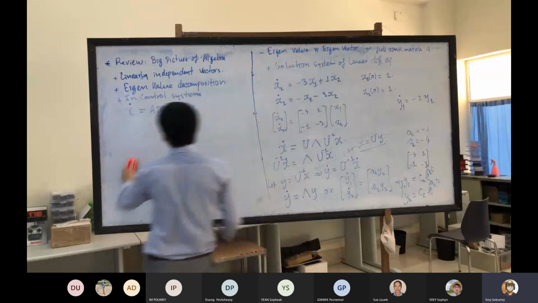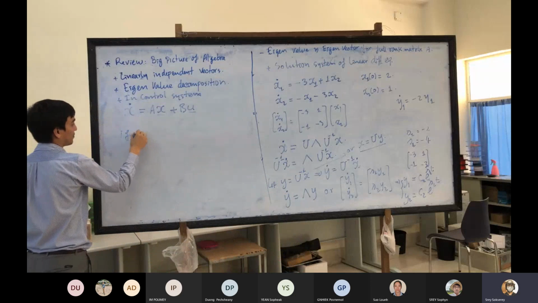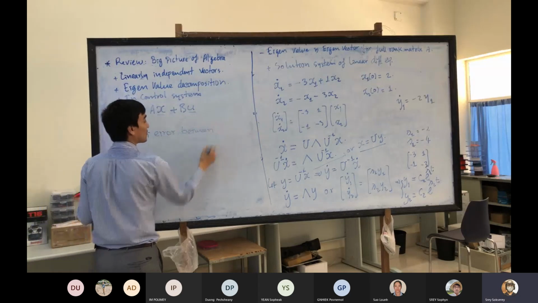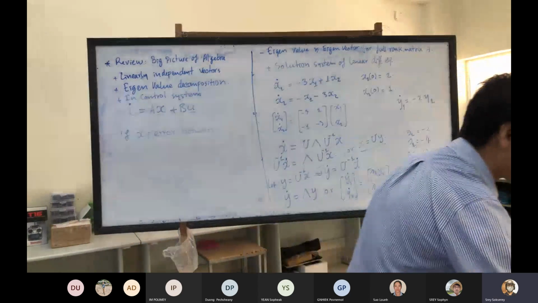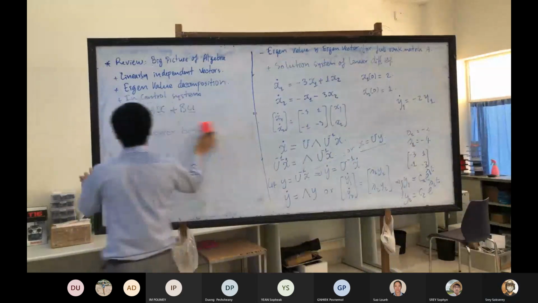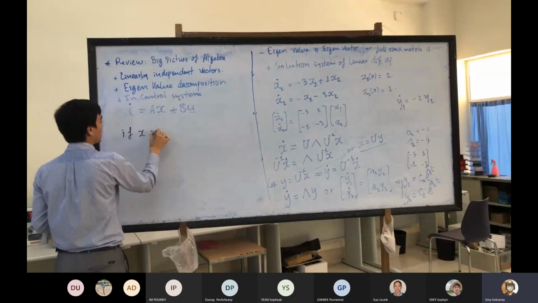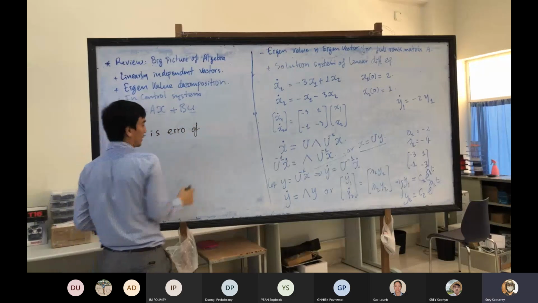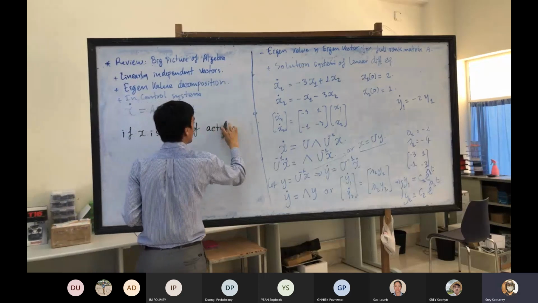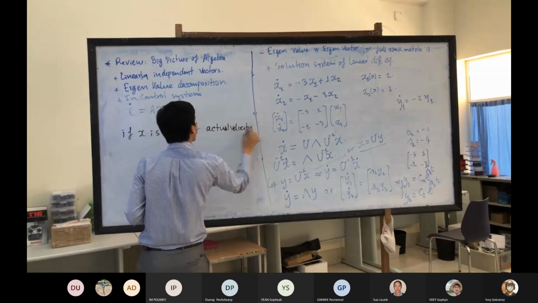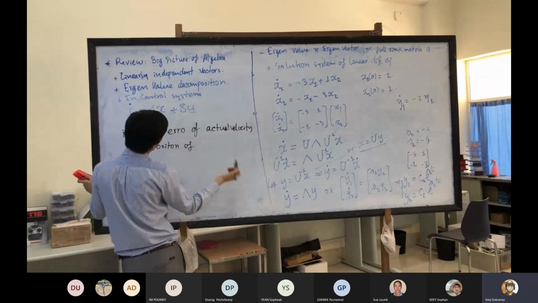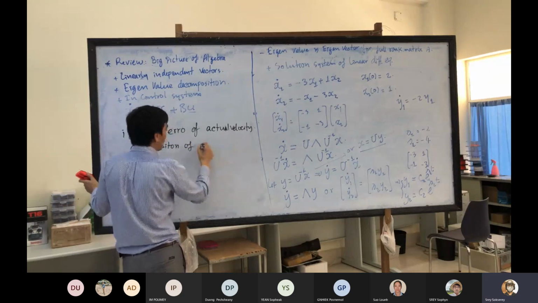So x is the error of the actual velocity and position of a vehicle, whatever, maybe of a vehicle.